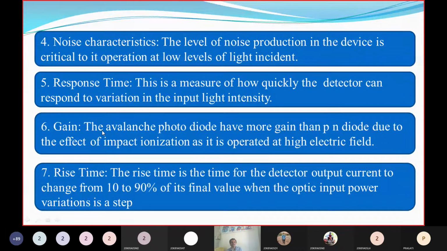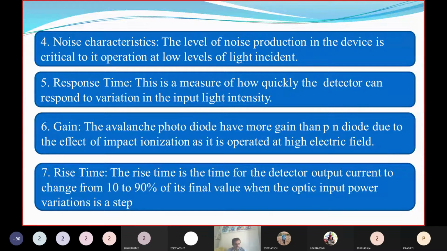Now, next, rise time. The rise time is the time for the detector output current to change from 10 to 90% of its final value when the optical input power variation is a step. Rise time is nothing but this: if photons are incident, initially some current is passing through the diode.